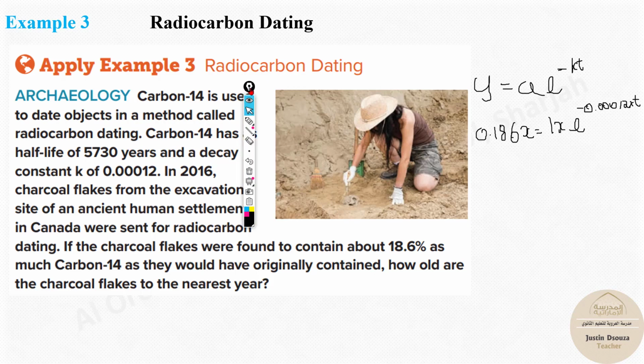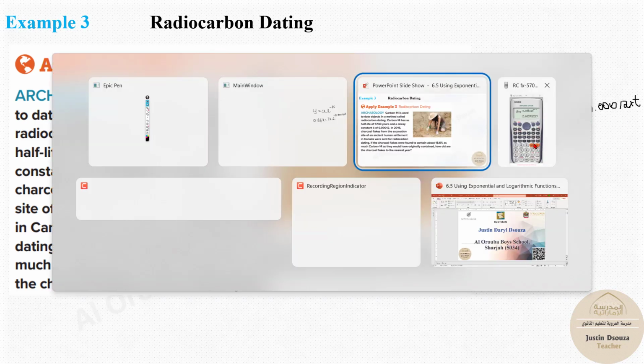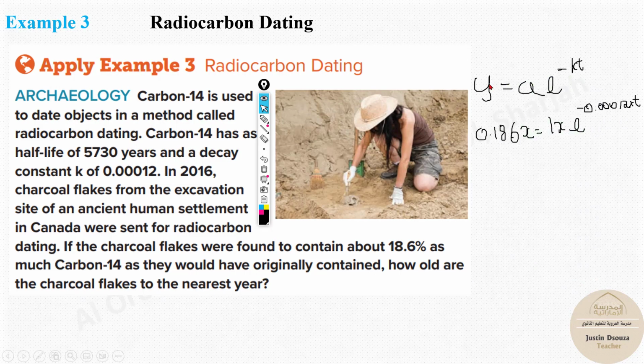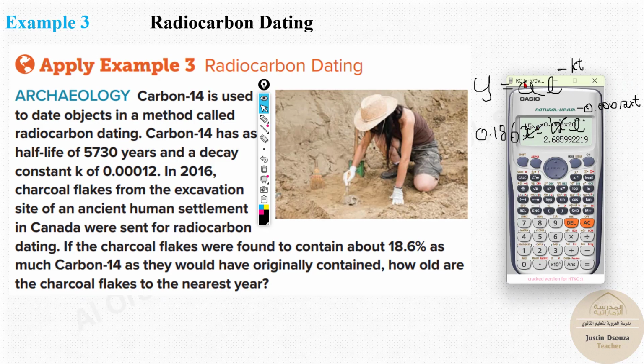I'm a bit lazy, as I told. Not lazy, I'm tired. I'll directly put this in the calculator, guys. But if you want to know how to solve this, we have already done problems before. The method is the same. The x and x cancel. All you need to do is take the natural logarithm on both sides. The exponent comes down, keep t on one side and everything else on the other side, and you can solve it directly.